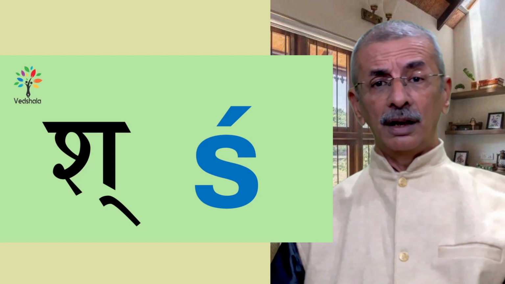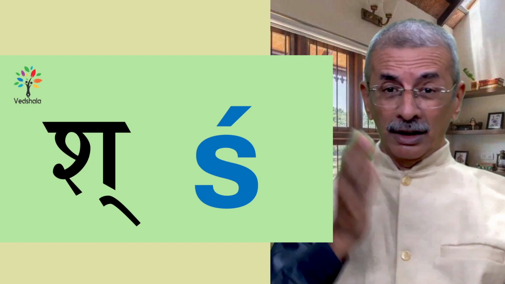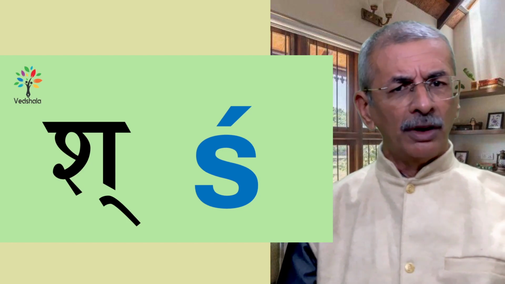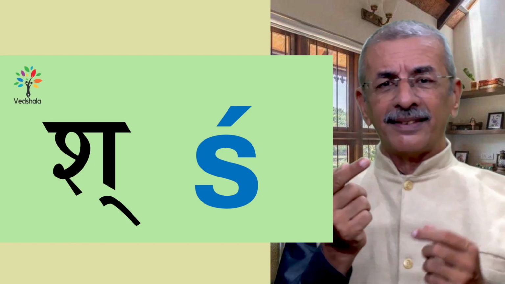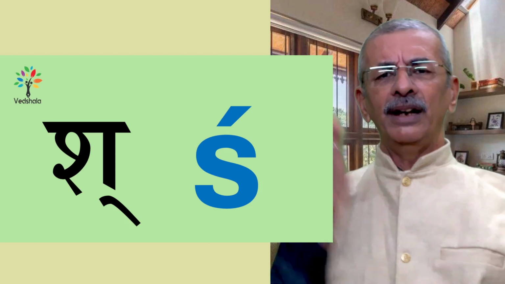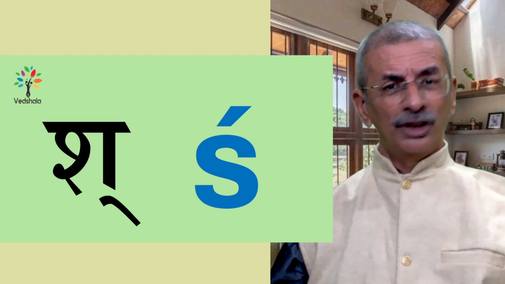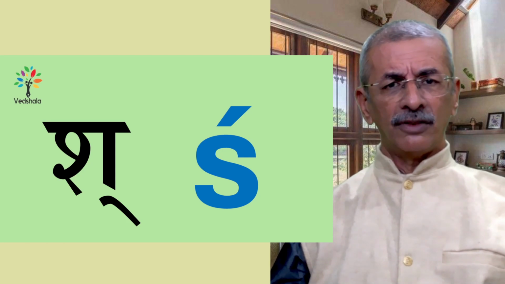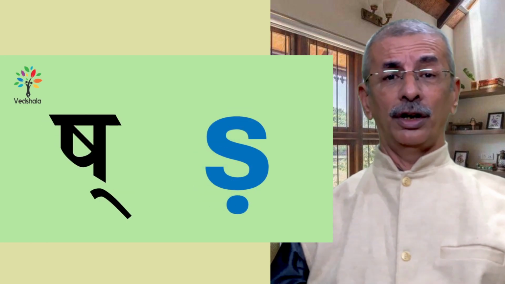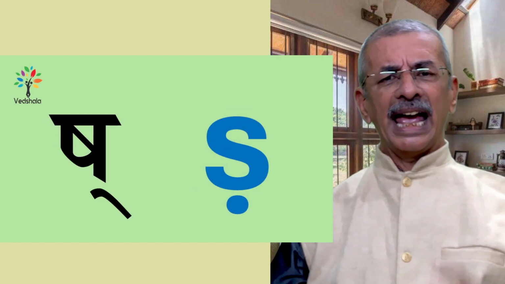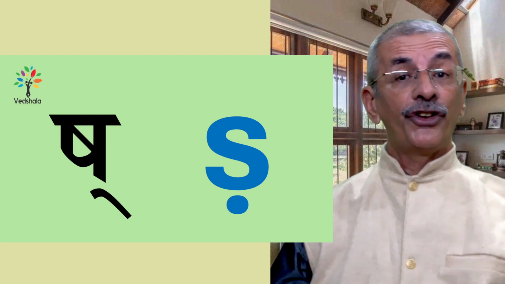It has the line we have observed in French, the acute accent, over S. Whenever you find an acute accent, it is sha, as in Shankar, Shiv. The second is what we call Shya, as in sure.